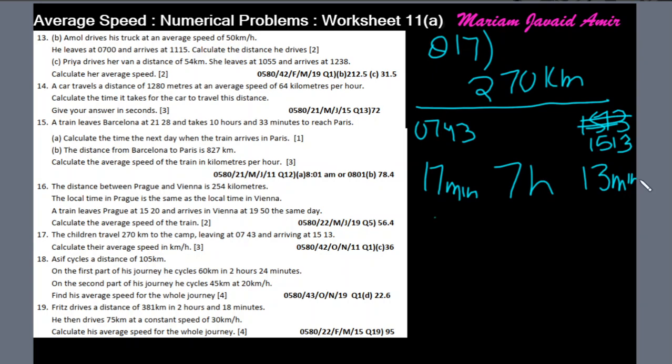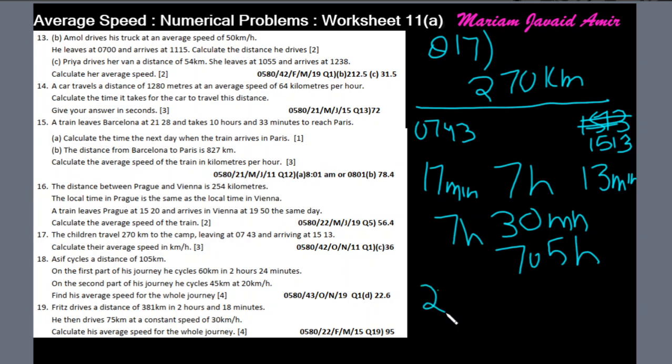So in total the time lapsed is 7 hours and 30 minutes, which means 7.5 hours. So the average speed is total distance over total time. So 270 over 7.5, which gives us 36 kilometers per hour. Question 18.